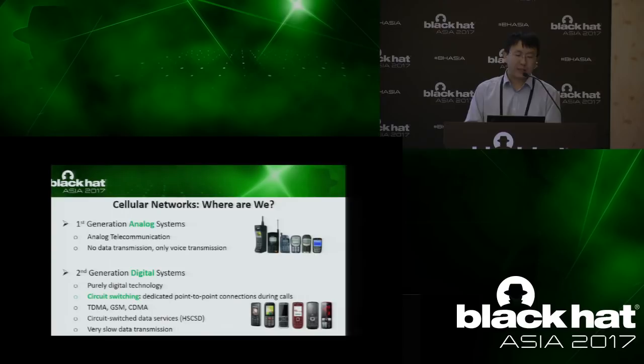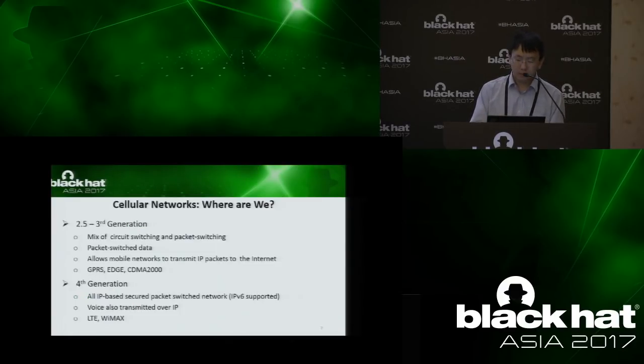And based on this network, the circuit switch data services were provided. The big name is HSCSD, which is high-speed circuit switched data. And the 2G provided us first slow data transmission.